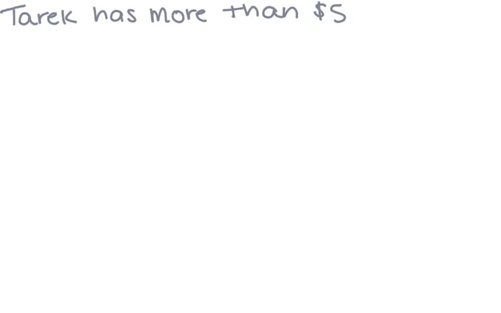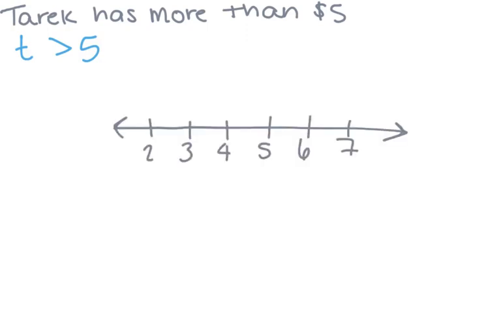So now we have Tariq, and Tariq has more than $5. So I'm going to use T as our variable for Tariq, and he has more than, so that's a sign for greater than 5. So our inequality is T is greater than 5, and now we're going to plot that on a number line. So I've drawn our number line. So we're going to go to 5, and we're going to plot our point.